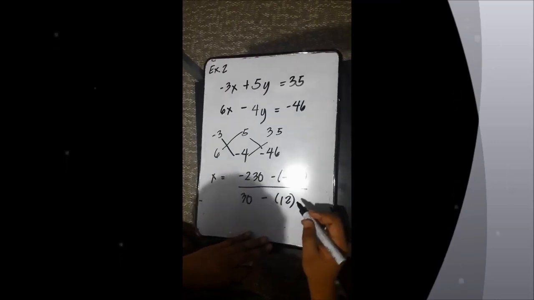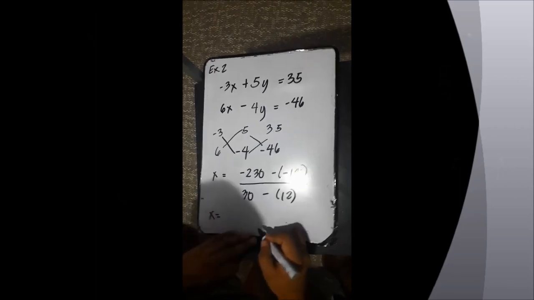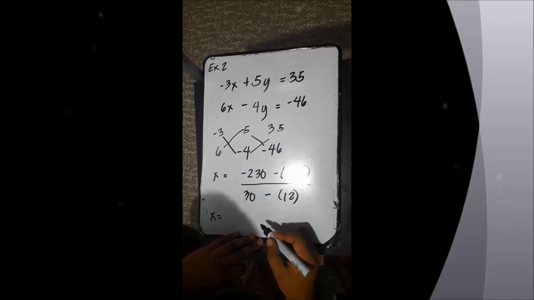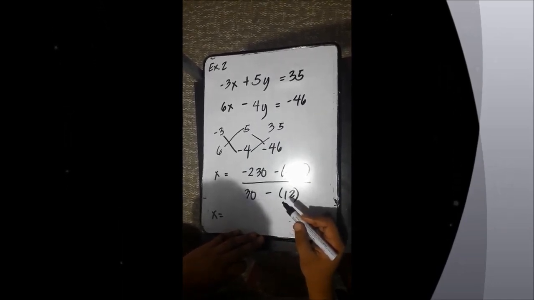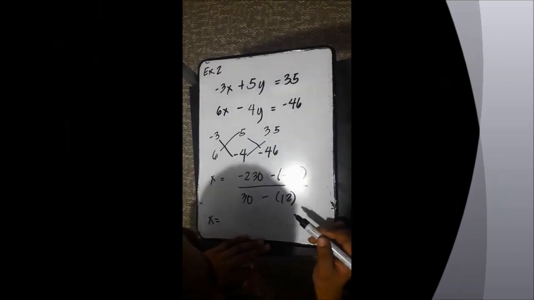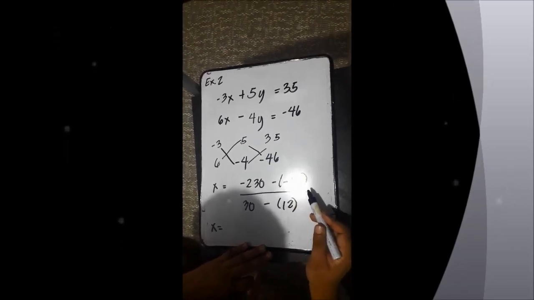And simplifying this, x is equal to negative 230, and this becomes positive 140.